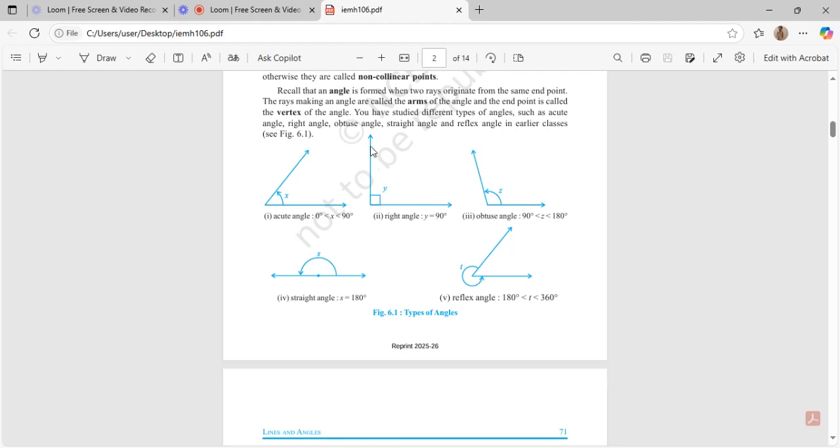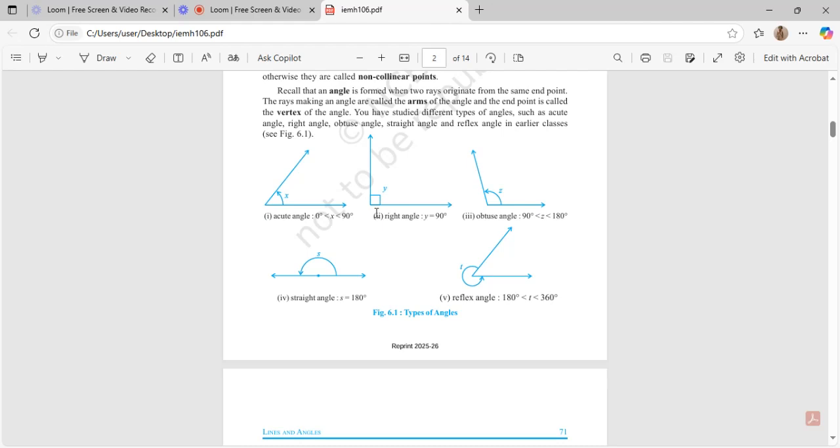What happens in the second figure, which is 90 degrees? What will be the reflex angle over there? The reflex angle will be when you subtract y from 360 degrees. Here the measure of y is already known because it is a right angle, it is 90 degrees.